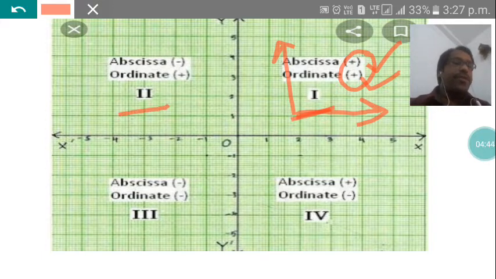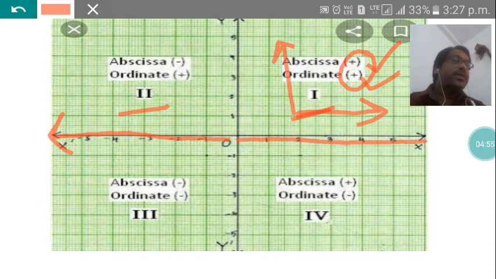In the second quadrant, when we go in this direction, x is always negative, and in the other direction x is always positive.